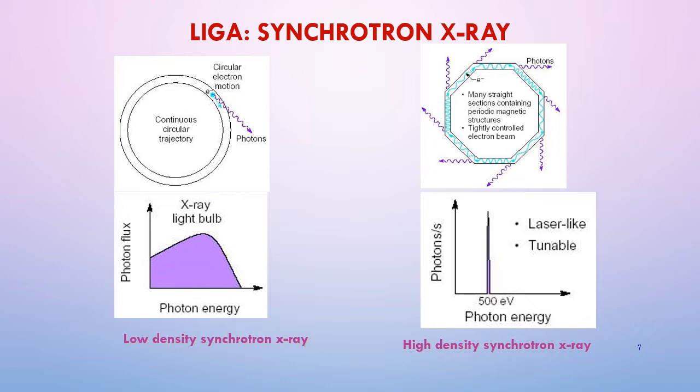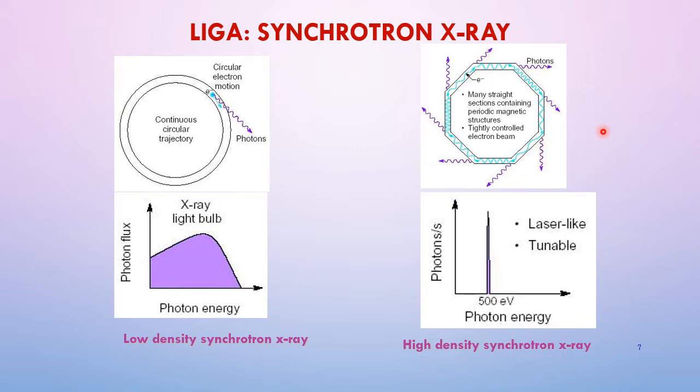There will be many sections containing periodic magnetic structure. If you look at this one, there is only one way where the electron can come out, only one channel. But in this one the shape will be like this, so there will be more area where the photon can accelerate out.